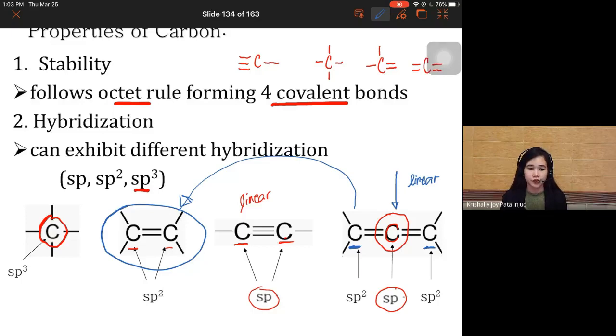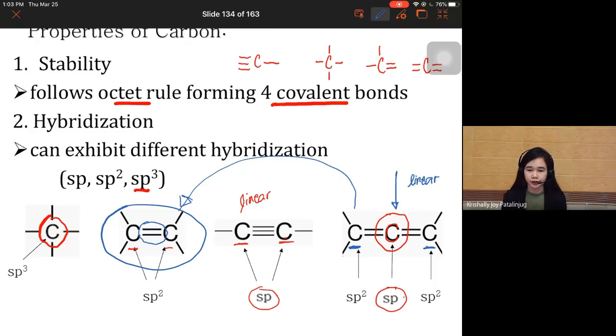So again, I repeat, another property of carbon is hybridization. It exists in different hybridizations. It could be sp3 when all surrounding bonds are single bonds. When a carbon carries one double bond, that is sp2 hybridization.